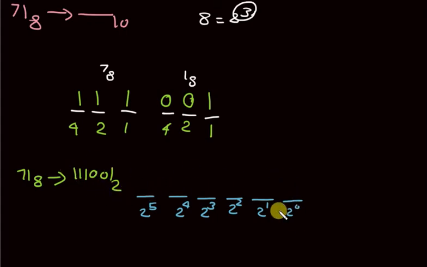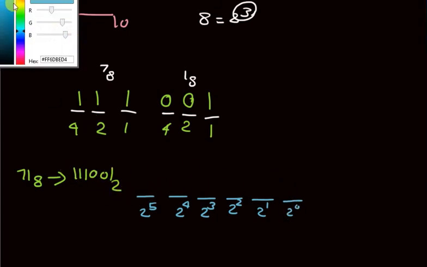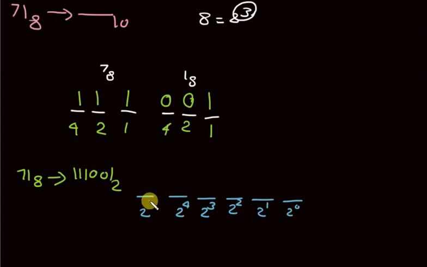So that means the value of this number is, oops, sorry, this one was 2 to the power of 5. So that means this is 1, this is 2, this is 4, this one is 8, this one is 16, and this one is 32.